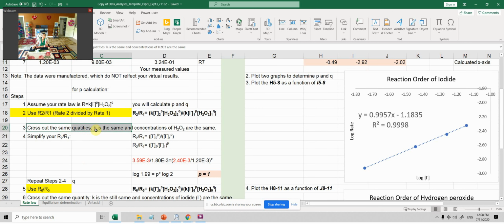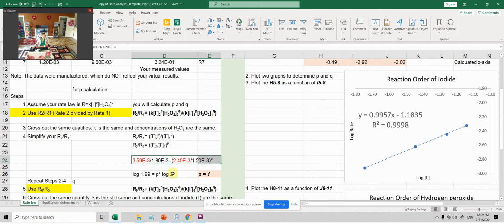K is the same. Concentration of hydrogen peroxide was kept at a constant value by you. Therefore, this above equation will be simplified to rate 2 over rate 1 equals iodide concentration 2 divided by iodide concentration 1, to the power P. You simply replace the numbers into this equation, and then you determine your P.